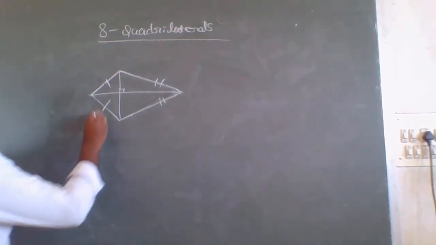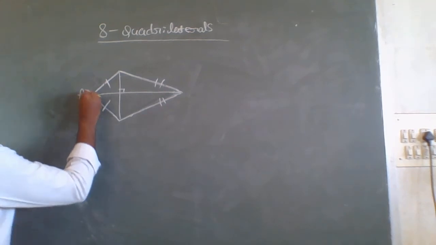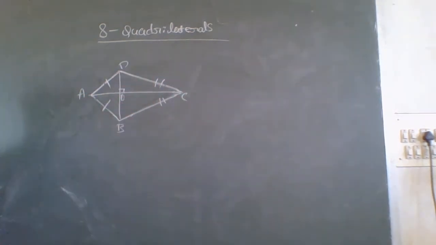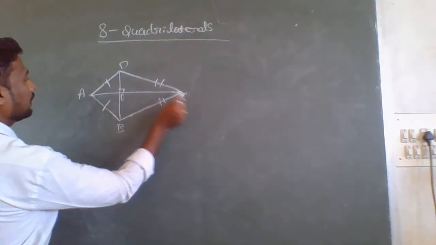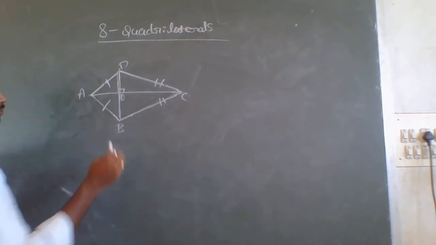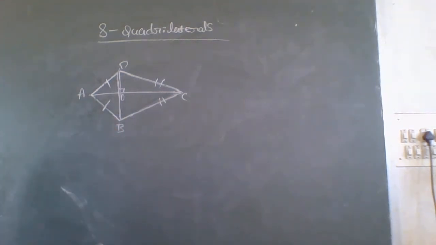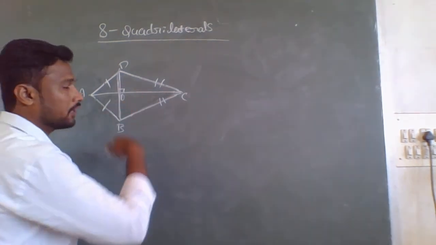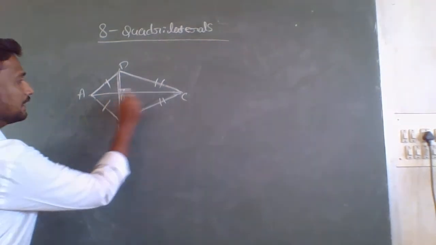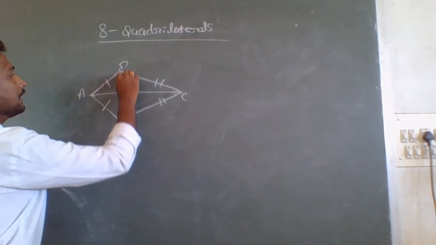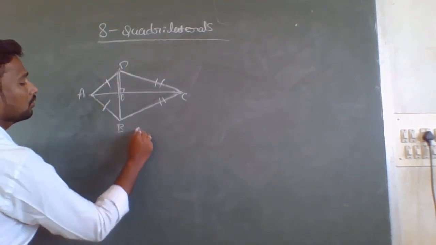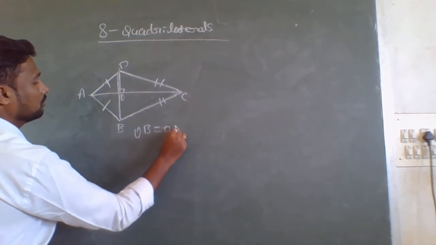Here one diagonal bisects the other means, suppose this is A, B, C, D, and this is the point O. Here this diagonal AC is bisecting BD. What is the meaning of bisect? Bisect means it will divide the other diagonal into two equal parts. So AC will divide BD into two equal parts, meaning OB is equal to OD.